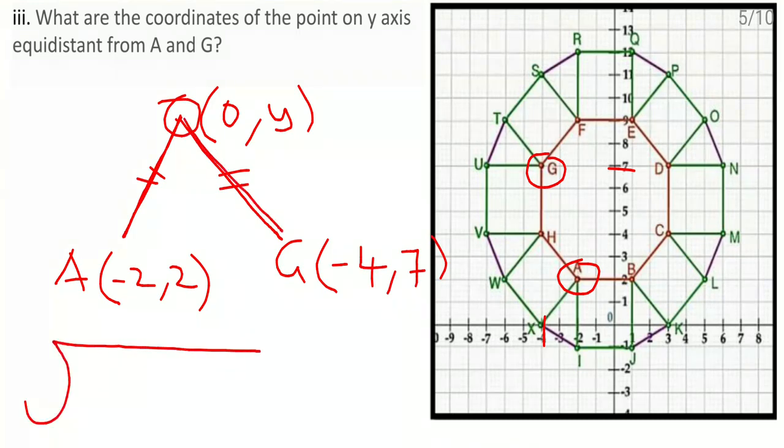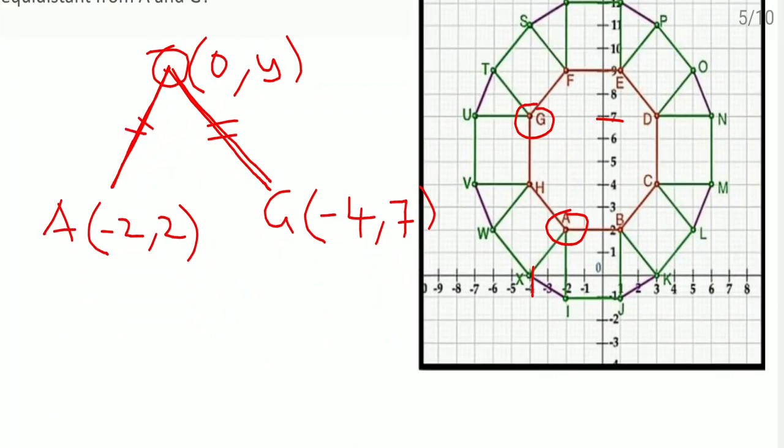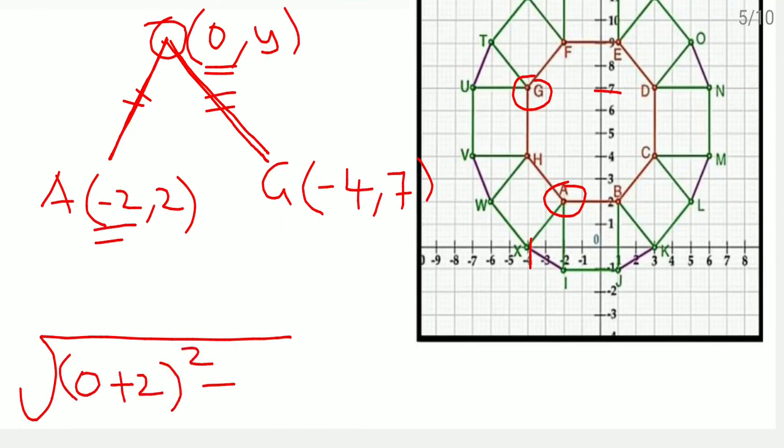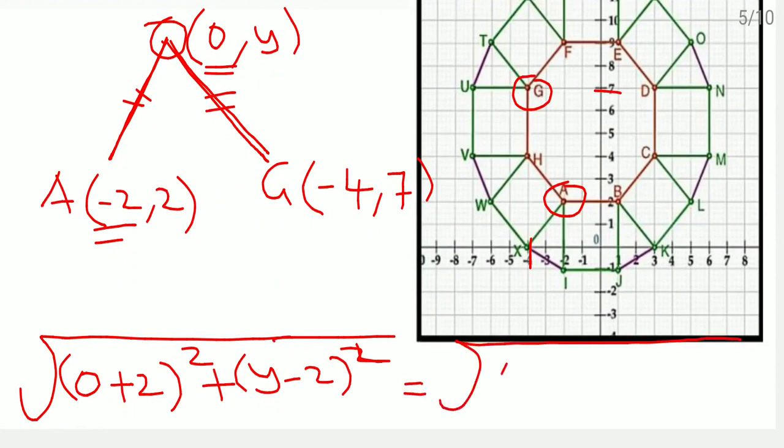So under root here: 0 minus (-2), which means 2, squared, plus (y minus 2) squared, is equal to, once again under root, (0 minus (-4)), that means plus 4, squared, plus (y minus 7) squared.